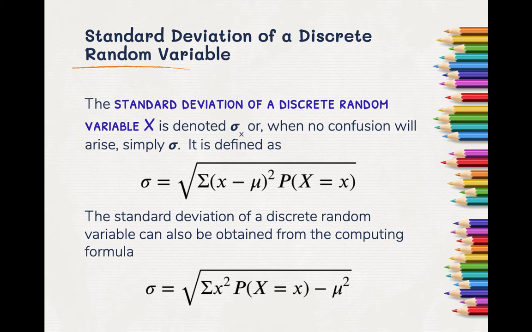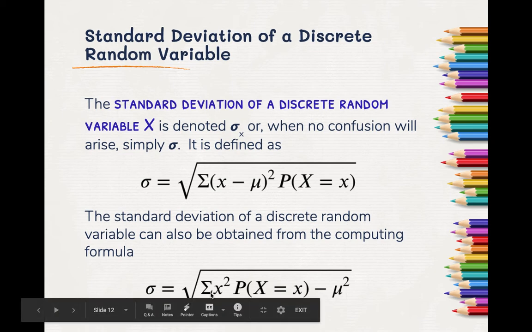Standard deviation: I'm not going to go through and derive these formulas for you. The standard deviation, sigma of x, we can calculate by taking the sum of (x minus mu) squared times the probability that X equals x. We're taking the sum of this whole thing.